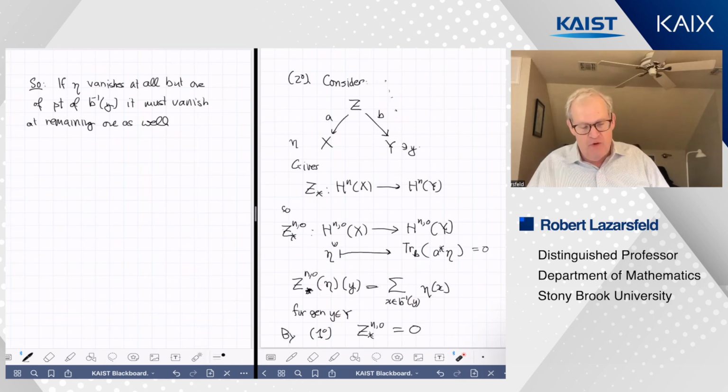So if I have a form that vanishes at all but one of the points and not at the last one, it can't trace to 0. But on the other hand, this form has to be 0. So to say that this map is 0 on forms means that if I have a form vanishing at all but one of the points of a fiber, it must vanish at the other.